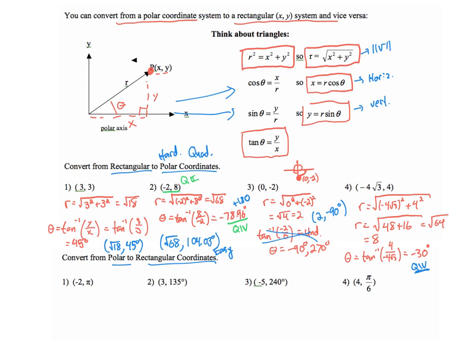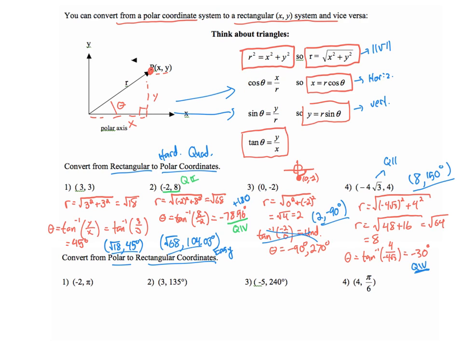This is quadrant 4. This point, however, is in quadrant 2, so we do need to add 180 to the negative 30 degrees, and that gives us a polar point of 8 comma 150 degrees. Okay, so there's our last polar point.